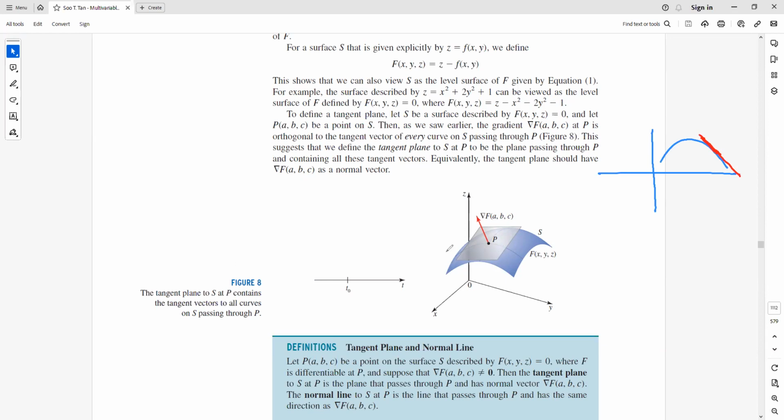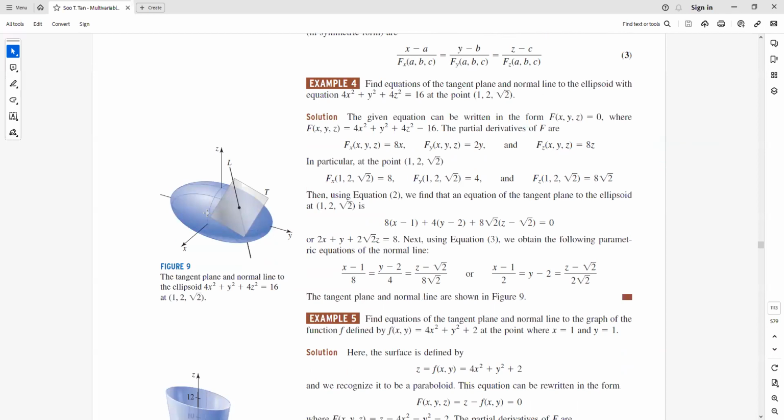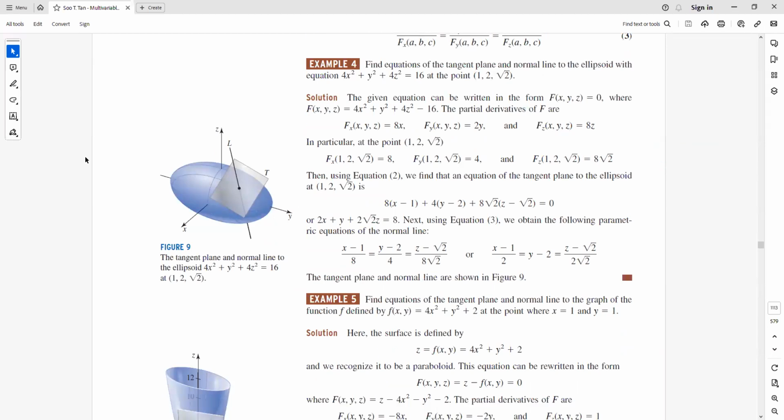Similarly, in three-dimensional space, if we have a surface, then a plane that is touching one and only one point is called the tangent plane to that point. Now, if we are interested in finding the equation of this tangent plane, we need to know the perpendicular vector to the plane and the point that is contained in this plane. All right, so now let us see how to find the equation of the plane.